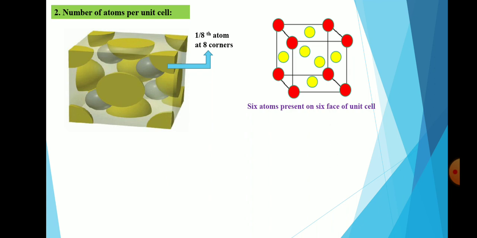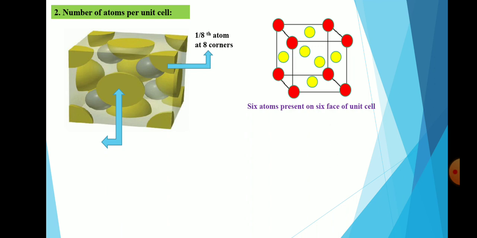So as we know that one corner atom is shared by 8 unit cells, therefore the part of each unit cell for one atom is 1 by 8 atom at 8 corners. I think all of you remember.